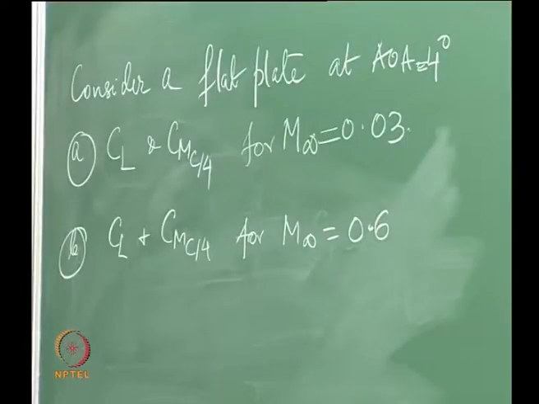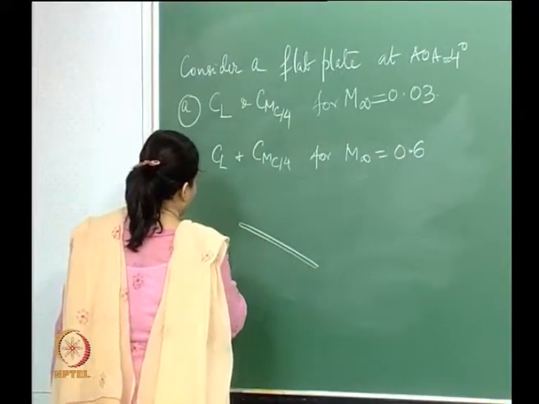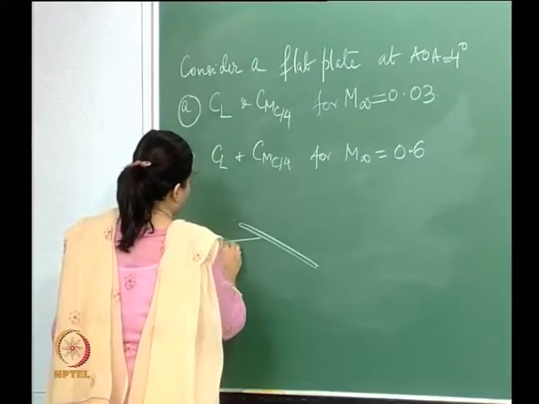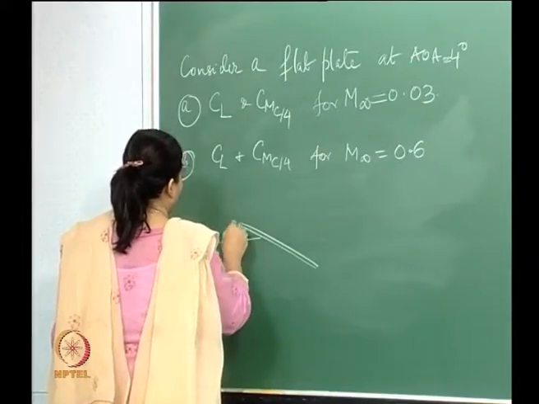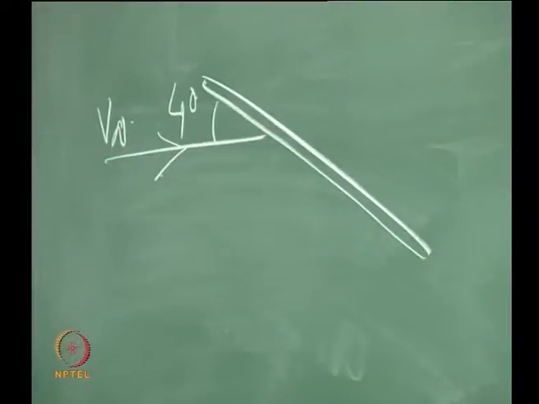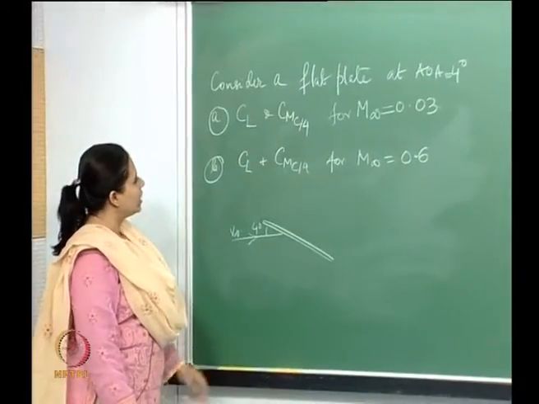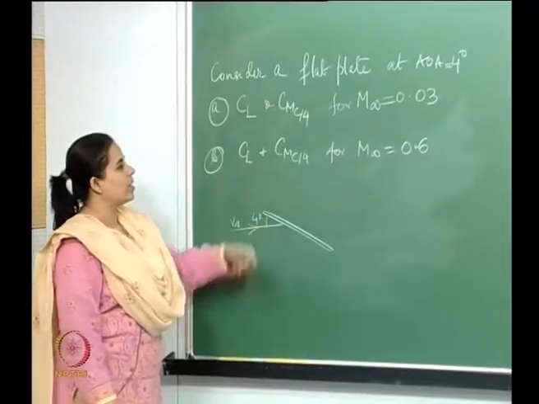So, basically we have a flat plate which is making an angle of attack of 4 degrees. We want to calculate the CL and CM for a Mach number of 0.03 and at Mach number 0.6.